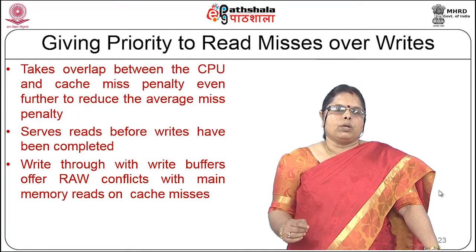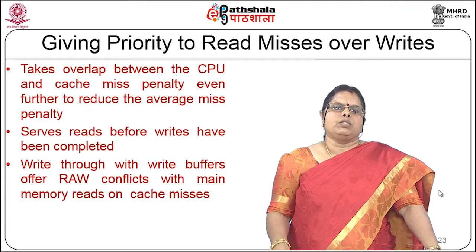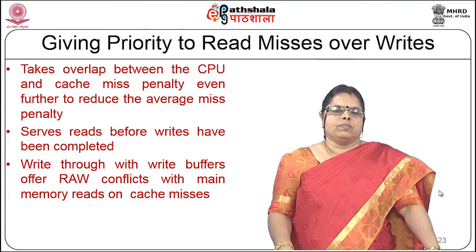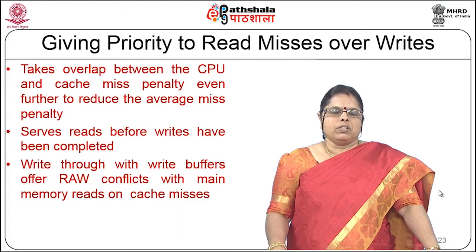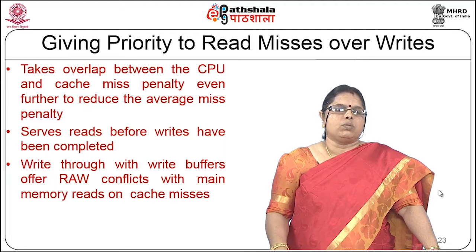So, here it takes the overlap between the CPU and cache miss penalty even further to reduce the average miss penalty. So, it serves reads before writes have been completed. Now, write through with write buffers, because I have already told that you are going to write into write buffers. What will happen if you have a write through policy with write buffers?